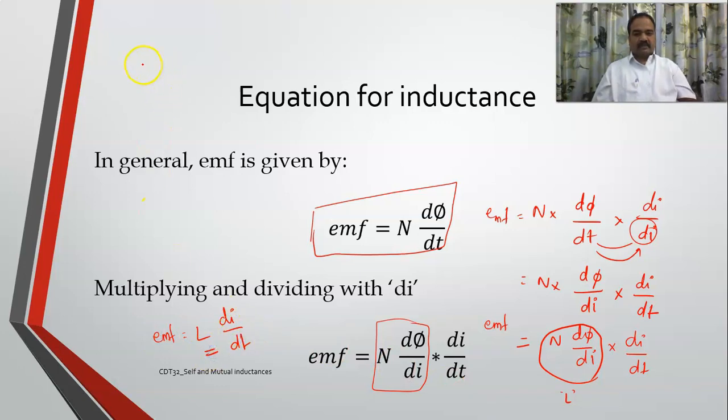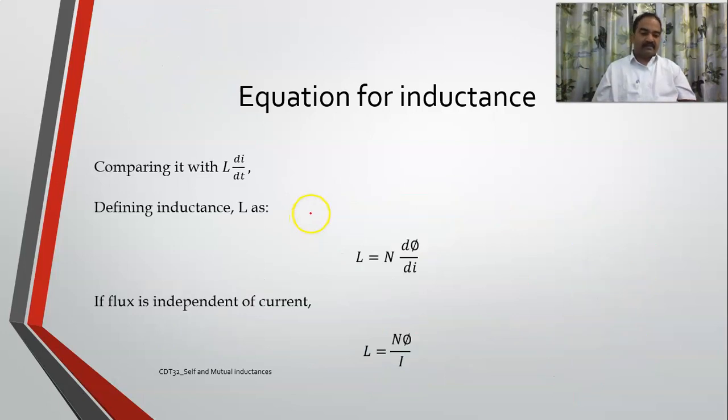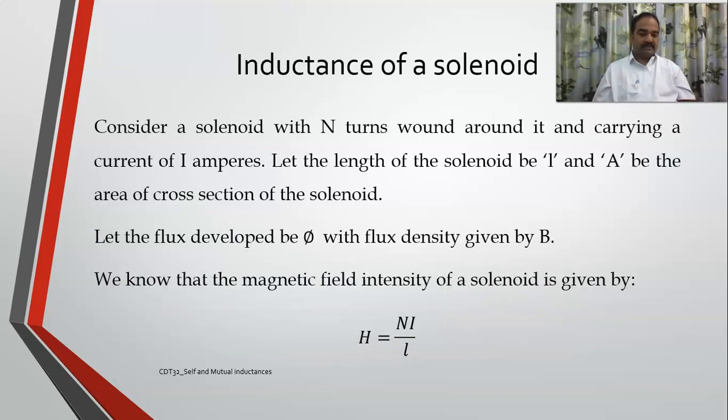So now L is equal to N d phi by di. This is the expression which we generally use for computing the inductance. Now you can simplify this expression also. Let us suppose if the flux is independent of I, then you can write it as N phi by I. You can still simplify this equation.